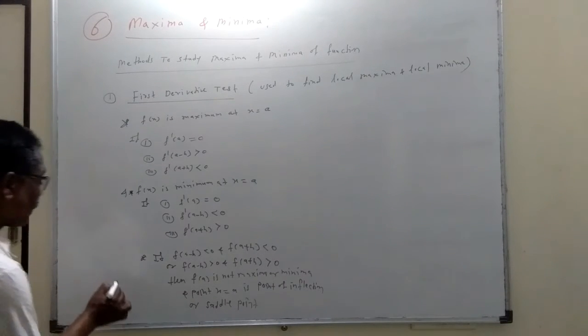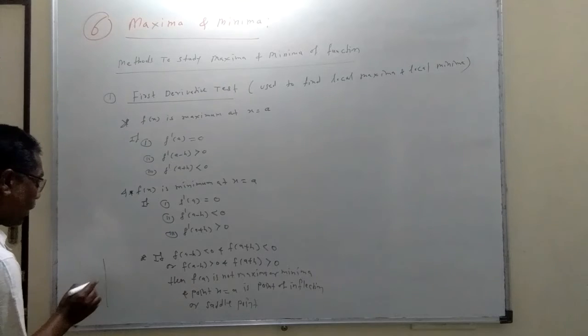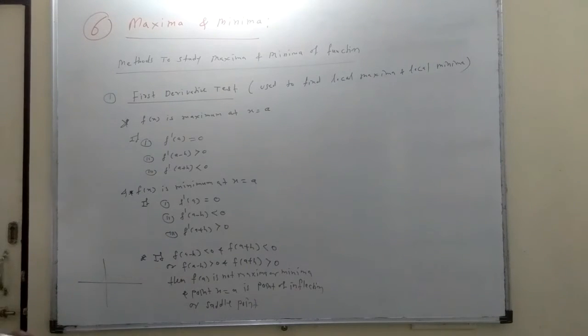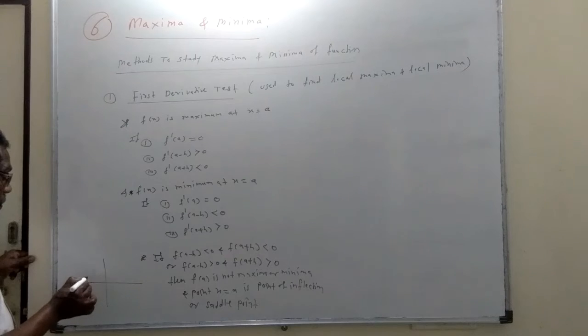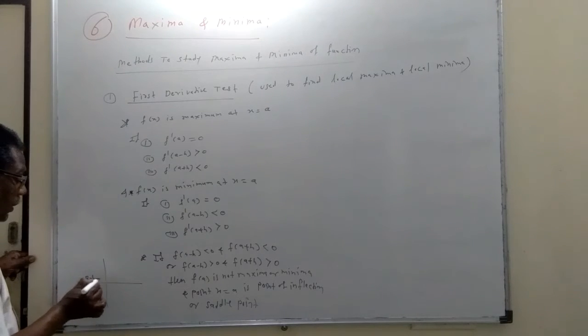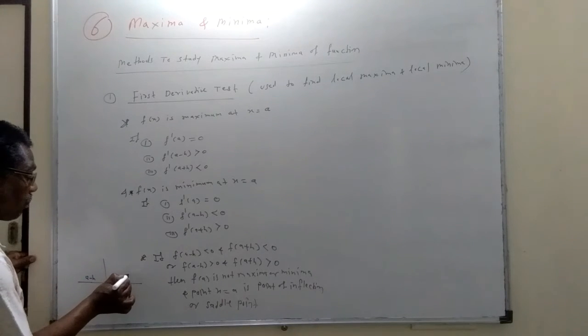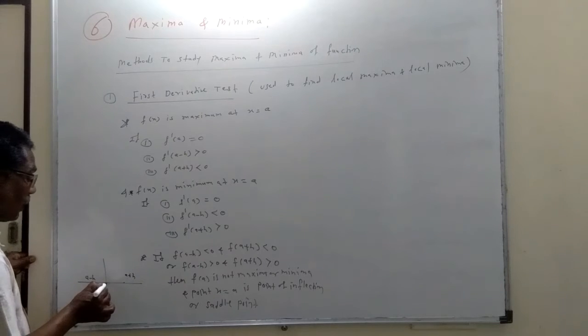So in short, actually we plot the graph for that saddle point. Suppose a minus h, a plus h, the graph is coming like this.